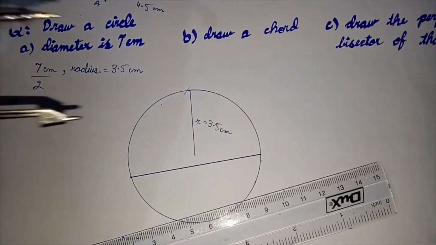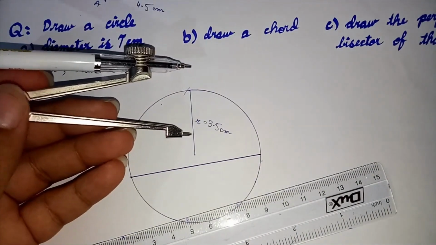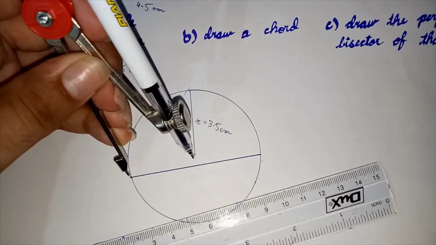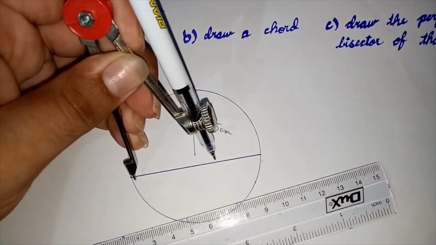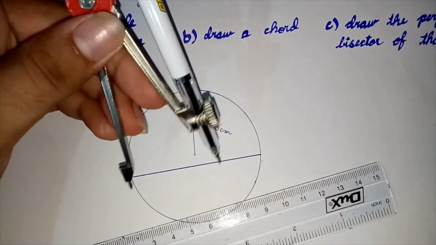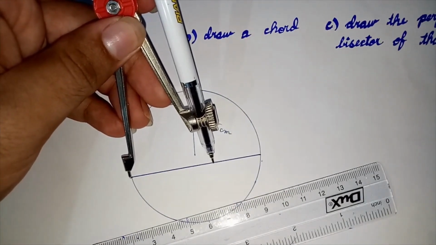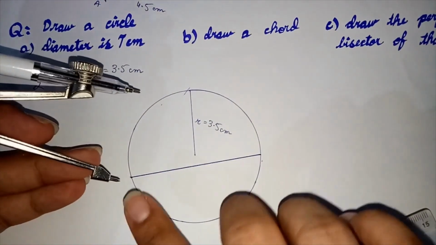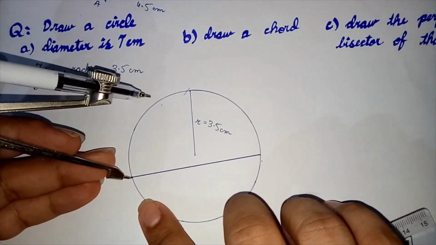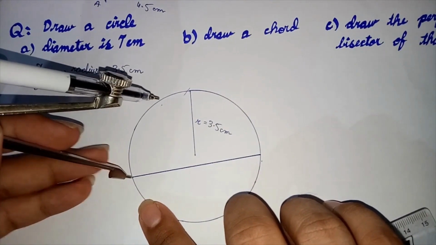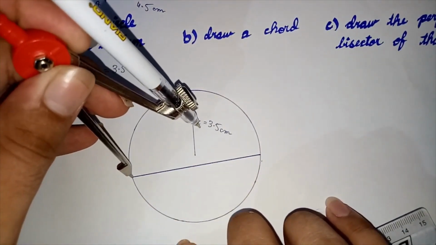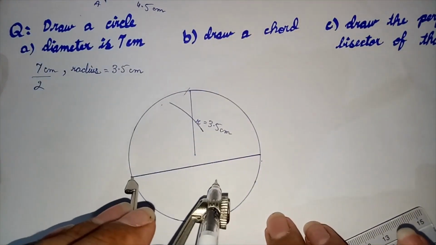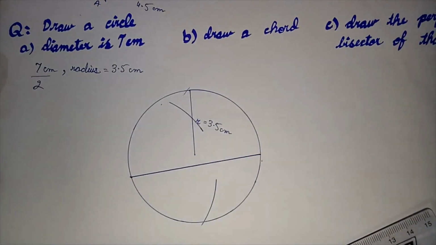For this we need a pair of compasses, and we have to open it more than half of the distance. Now we will drop the needle on this point, and draw an arc here and here also.